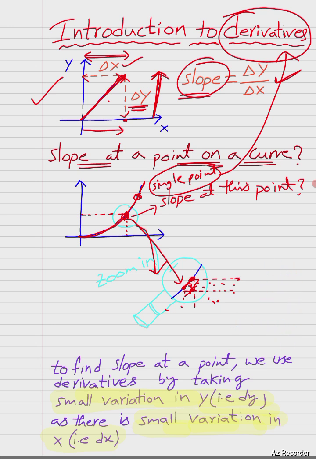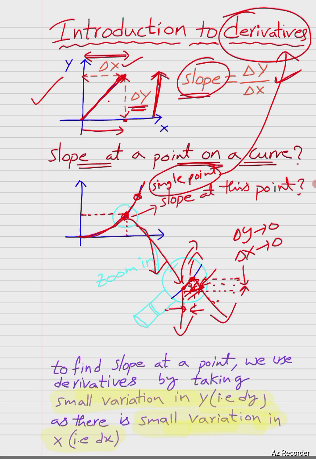So as I changed these values to almost 0, delta y to 0 and delta x to 0, these 2 points come closer, isn't it? These 2 points come closer and appear as a single point only. Earlier we had 2 points.